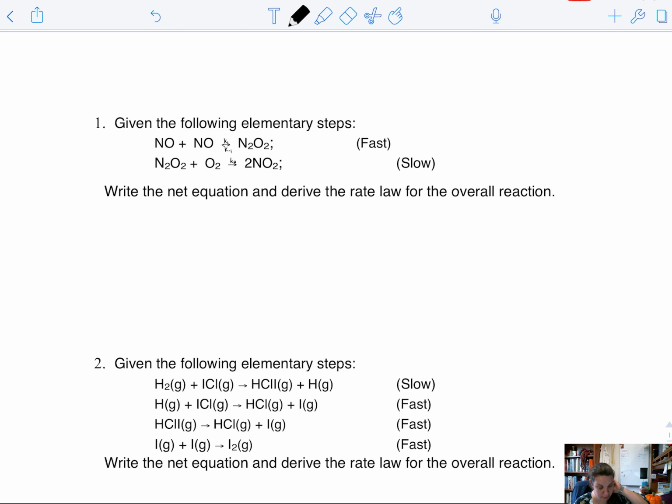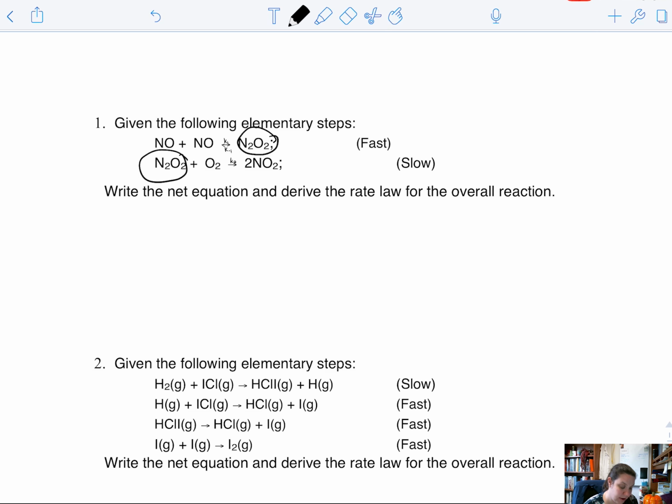So we're given the following 2 elementary steps, and we want to derive our overall reaction along with our rate law for this. So we want to look at these, combine the 2 equations, and look where we have intermediates, get rid of those, and then combine the rest of it.